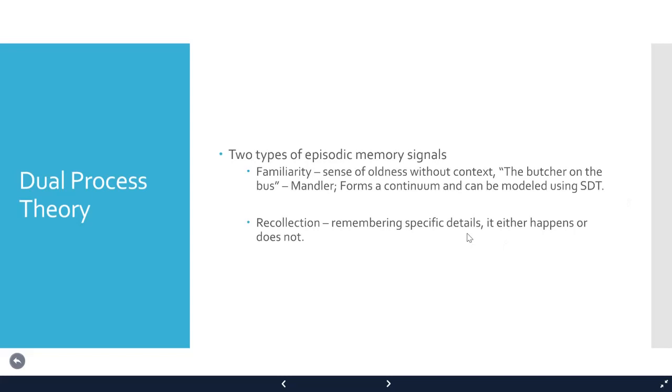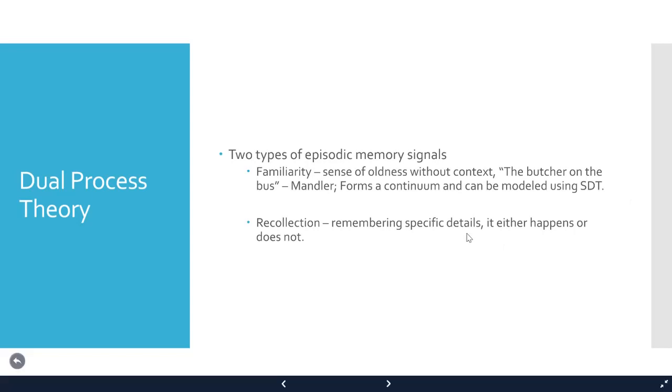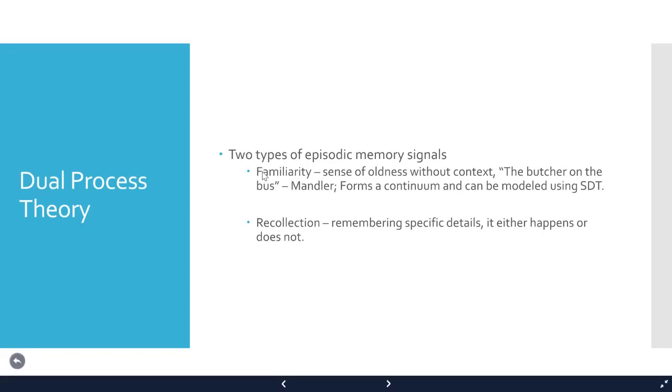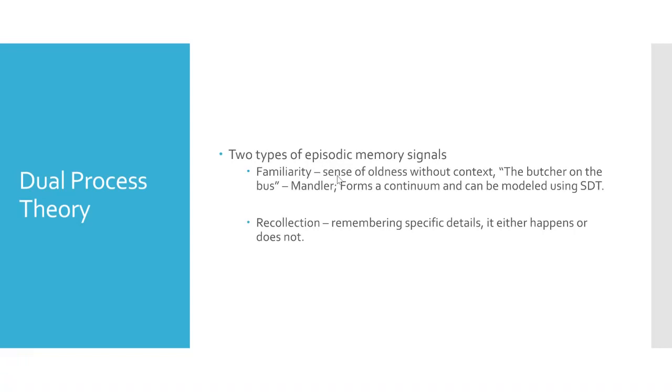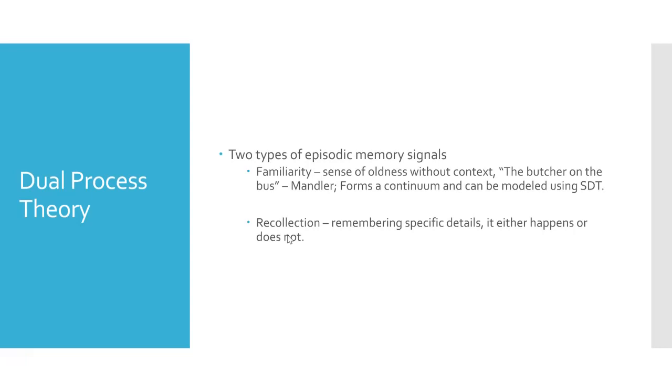It can be modeled using a threshold, where the details either happen or they don't. Another way to think about this is that familiarity is like an analog signal, where it varies in a continuum and a gradation of strength, but recollection is like a digital signal, where it either happens or it doesn't happen.